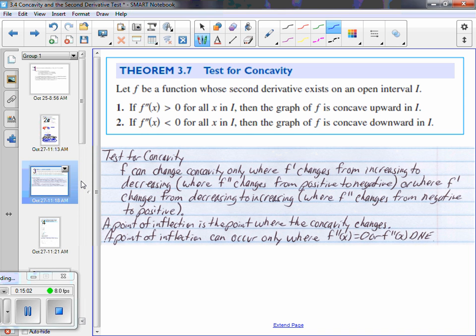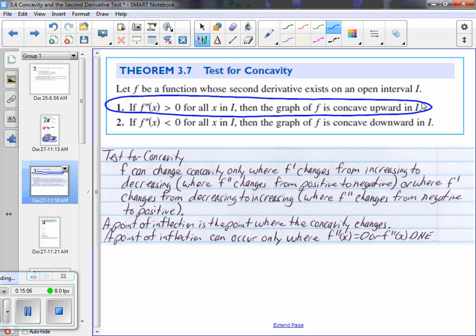So this line here simply skips that middle step, doesn't it? We know three things go together. F concave up, F prime increasing, and F double prime positive go together. They've just left out the F prime increasing, which is fine. Those three things go together.